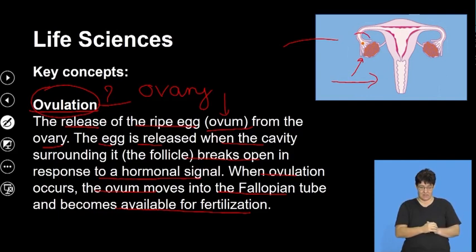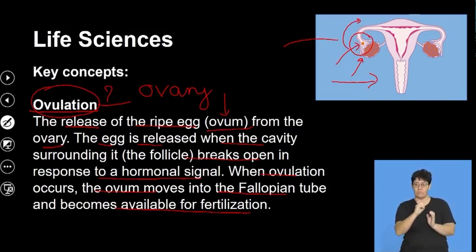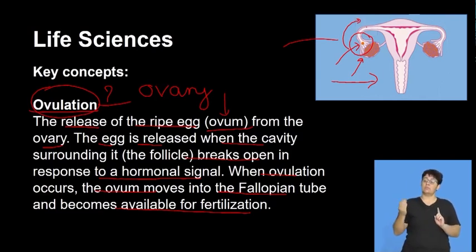We can also zoom in on the release of an egg, and this release of an egg from the ovary is referred to as ovulation. The egg now travels down the fallopian tube in anticipation of a sperm cell that might approach. That process of releasing the egg into the fallopian tube is called ovulation.